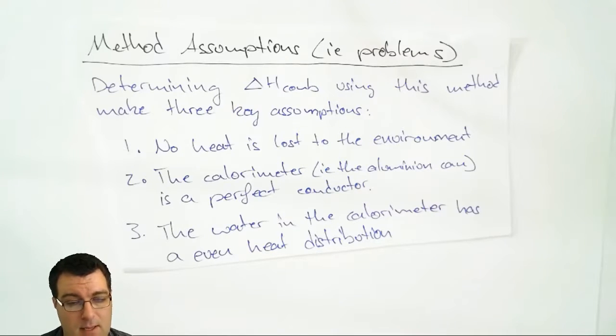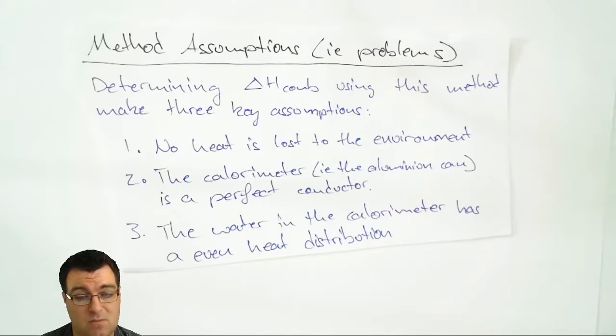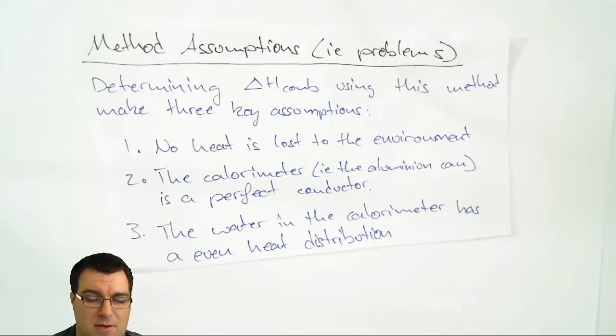Finally, our mass of water, which is typically around 200 grams if we use an aluminium drink can, we assume has an even distribution of heat throughout, and that's not going to be true. As you heat that water up, you will get convection. Water will rise.